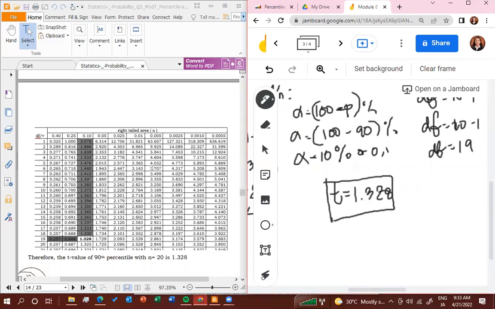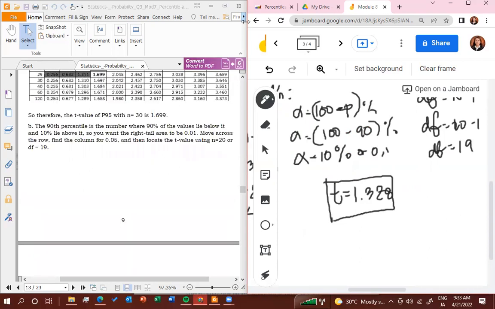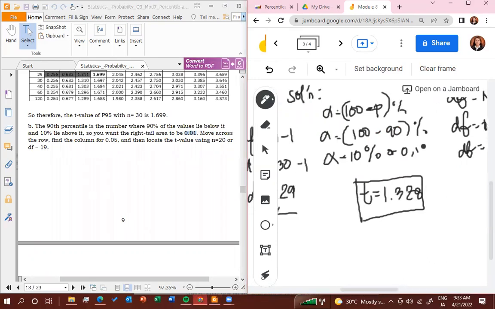I noticed an error in the module. You want the right-tailed area to actually be 0.1. 10%, if we move it two decimal places to the left, is equal to 0.1.